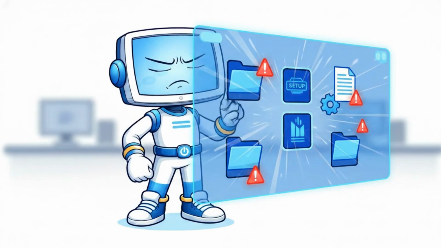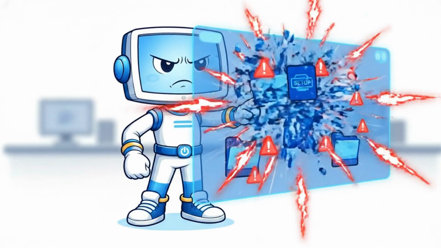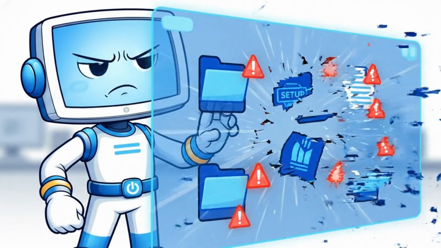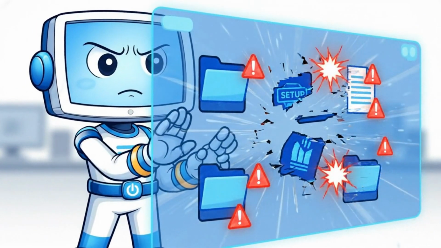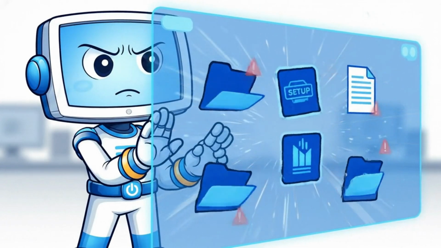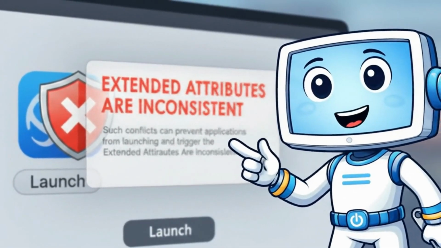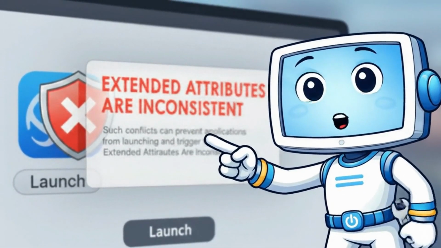While these attributes are generally helpful, sometimes they can become corrupted or conflict with Windows expectations, especially when installing new software, running legacy apps, or modifying system files. Such conflicts can prevent applications from launching and trigger the extended attributes are inconsistent error.